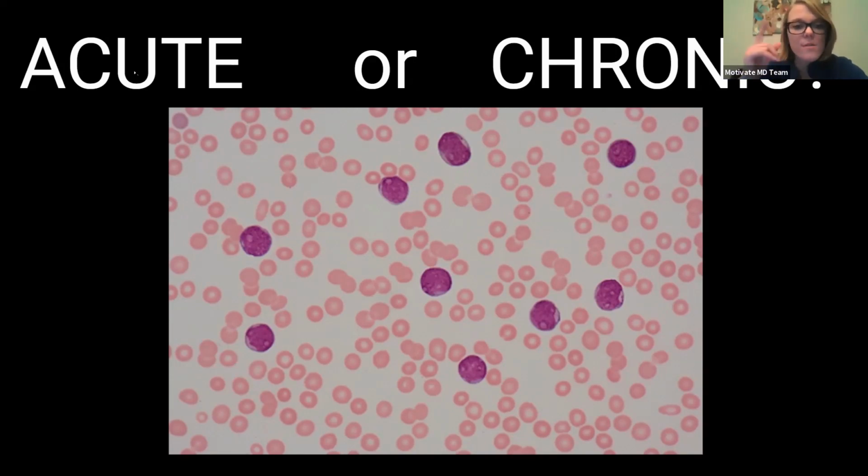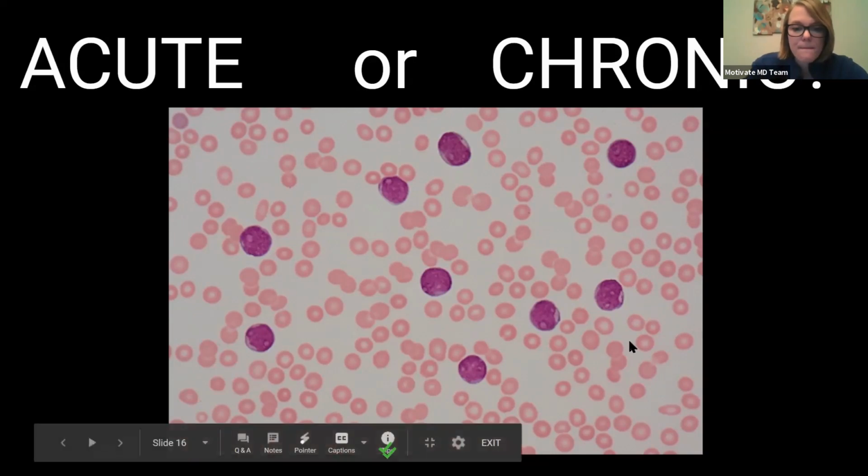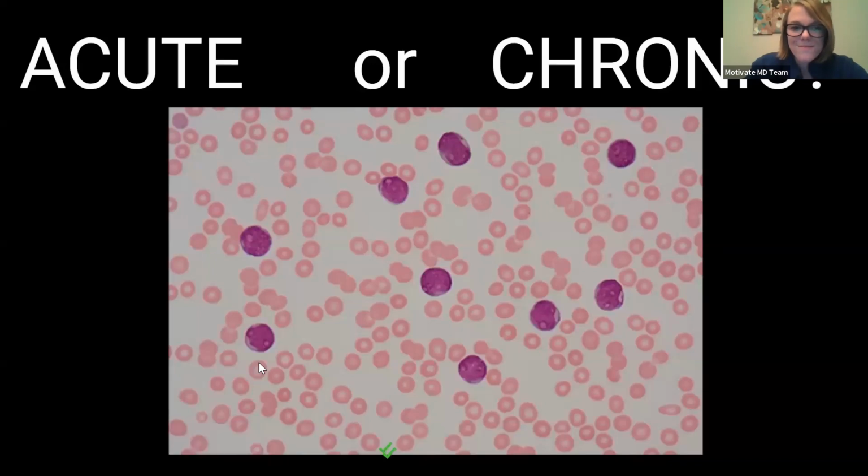What else? There's one other thing that I'm looking for, and you can see it very well in this slide. And I love this slide because it shows lots of blasts here. Every one of these cells is a blast cell, an immature cell. What do we see in the nucleus?